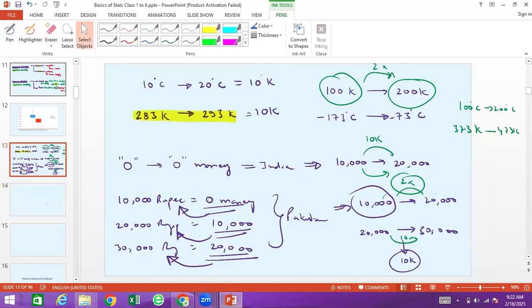We are categorizing it. If it is between 0 to 10, 20 to 30, it's an interval variable, right? No, nothing like that. It's not about whether you're defining zero or not. Don't think from that perspective.